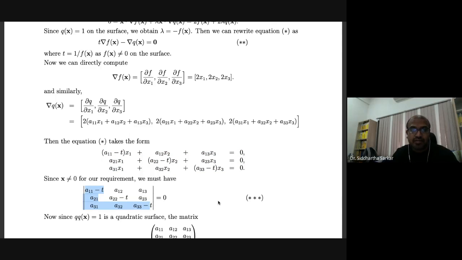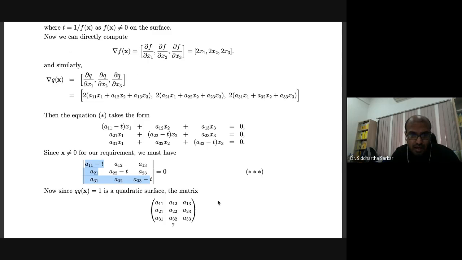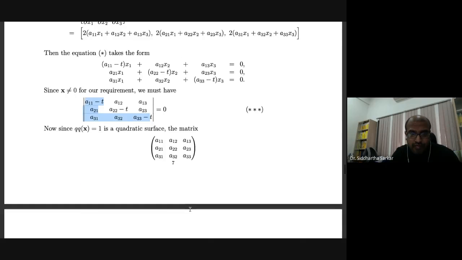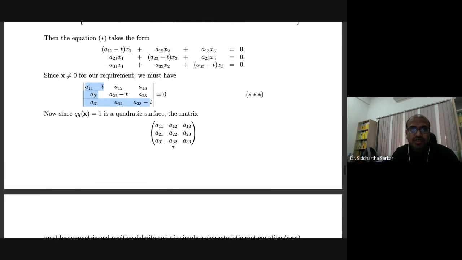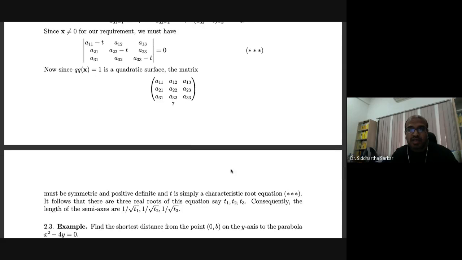If I try to solve this, because I already have mentioned that Aij represents the symmetric positive definite matrix over here, there should be real positive roots, and if those positive real roots are T1, T2, T3, you remember what T should represent.